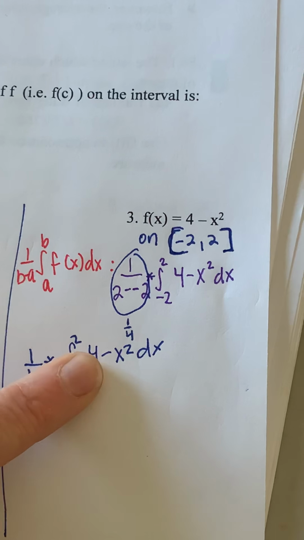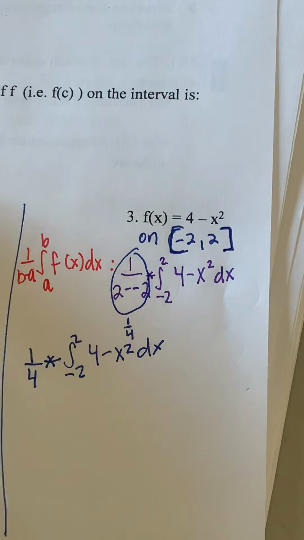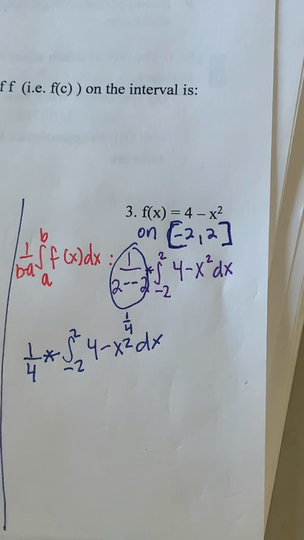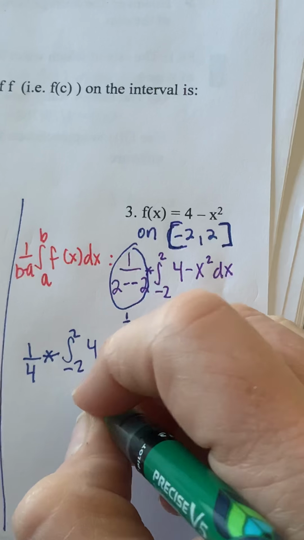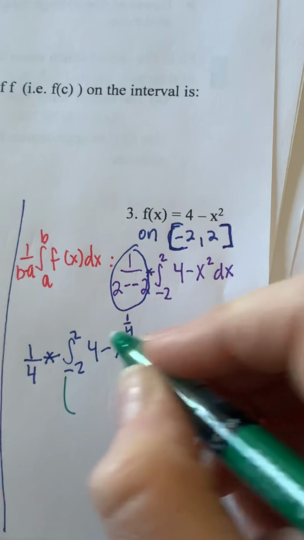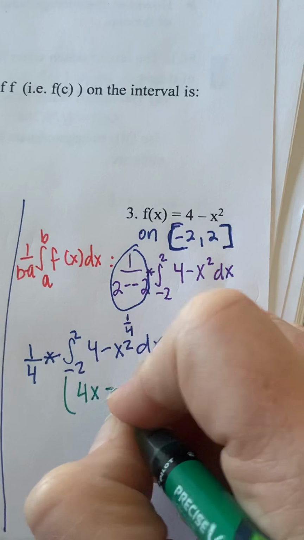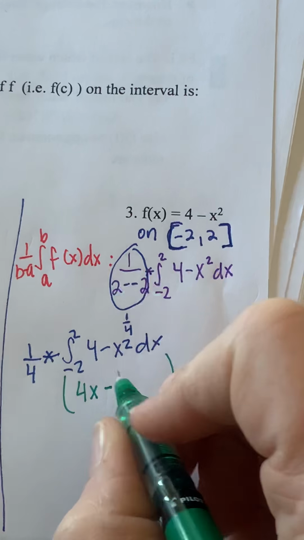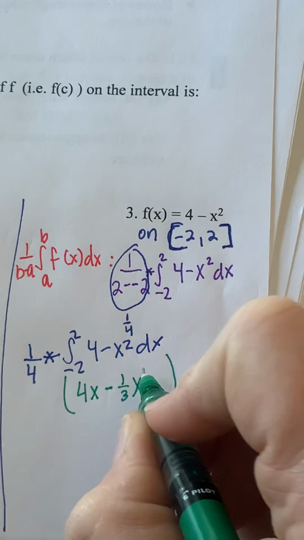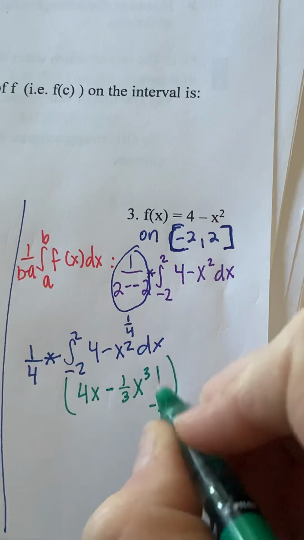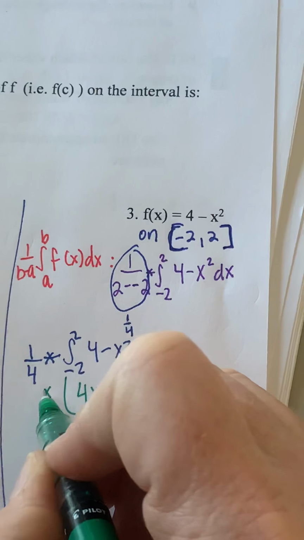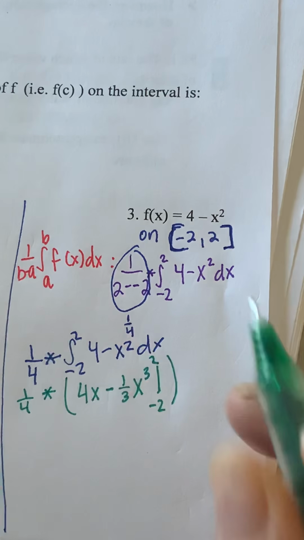Okay, so now let's integrate 4 and integrate -x squared. So the integral of 4 is 4x minus the integral of x squared, which is 1/3 x to the 3rd, from -2 to 2. And then we'll times whatever we get in there by 1/4.